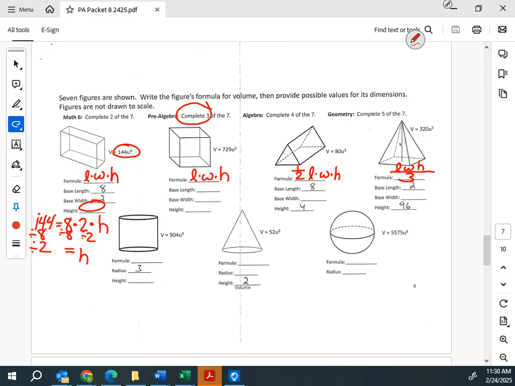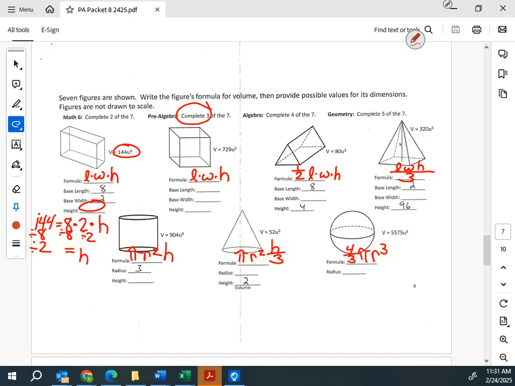For the cylinder, it's pi r squared times height. For the cone, it's pi times r squared times the height divided by 3. And for our sphere, it is 4/3 times the pi times r cubed.